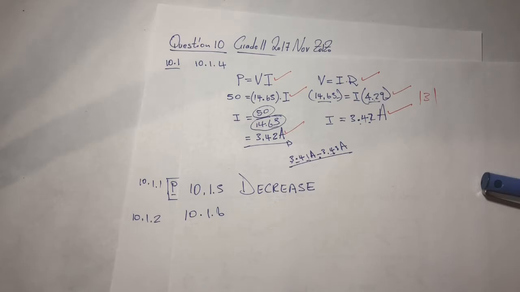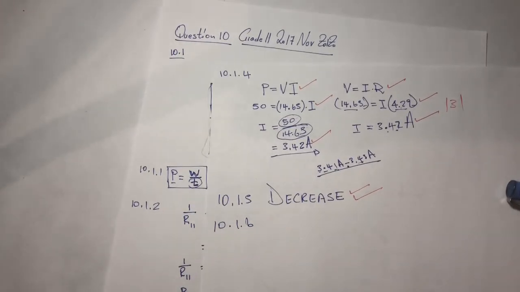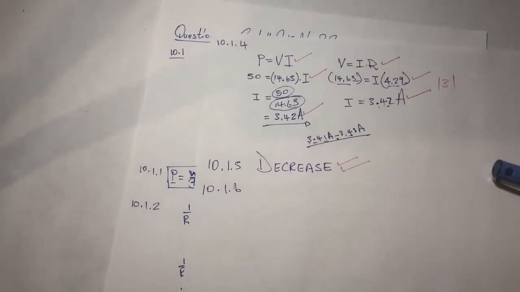So the answer to this question is decrease. And I think this question is allocated 2 marks, so let's just answer the question somewhere. It's allocated 2 marks, and now we move to question 10.1.6.